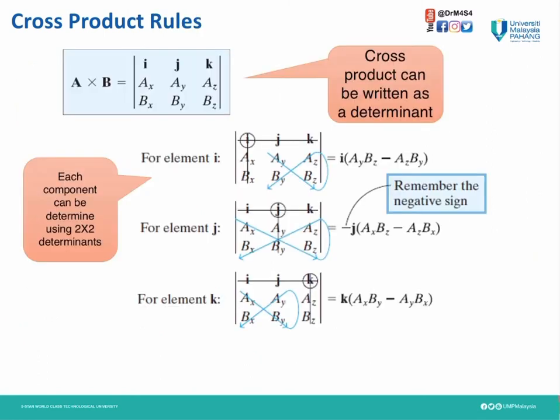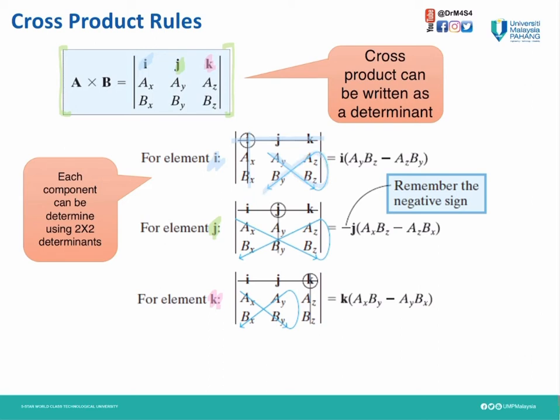Once again, for the cross product rule, we assemble in this shape. Then please find the element for I, J, and K respectively. For I, take out the column and row of I, and the value for that is Ay times Bz minus Az By.